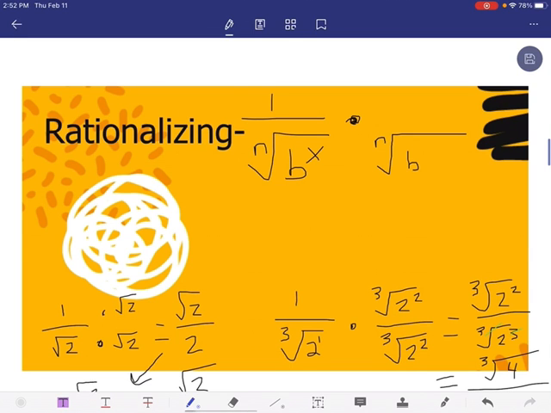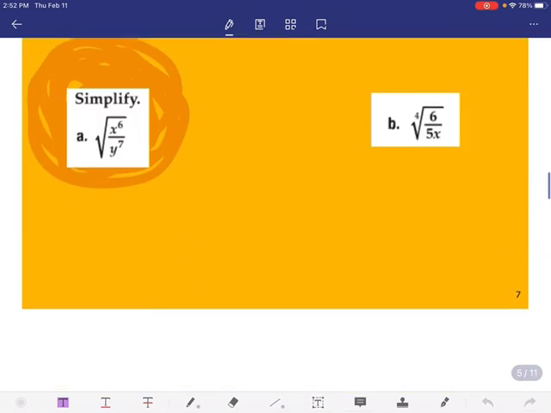So in this case, I have an index of n, and I need to subtract off the exponent that I already have, which is x. Basically that will give me whatever I need to get to the correct number. But remember that what we do to the bottom, we must also do to the top. And this rule will work no matter what type of index we have.